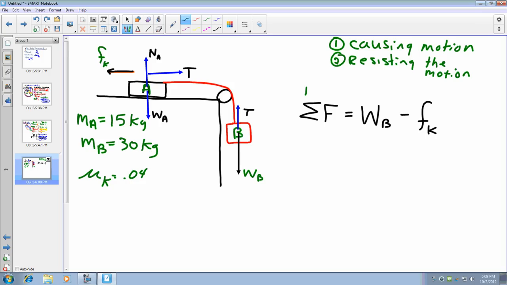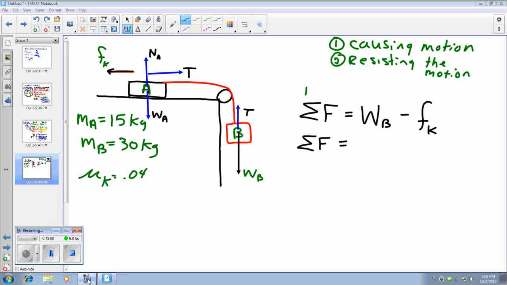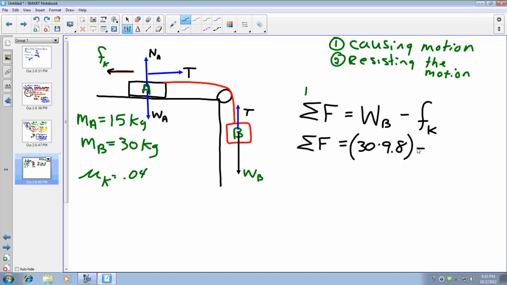Well, this is something we can already plug in numbers for. We know the weight of object B is going to be equal to 30 multiplied by 9.8. We're going to subtract from that the force of friction. In order to get the force of friction, it would benefit us to solve for it, so I'm going to jump over to the left-hand side.